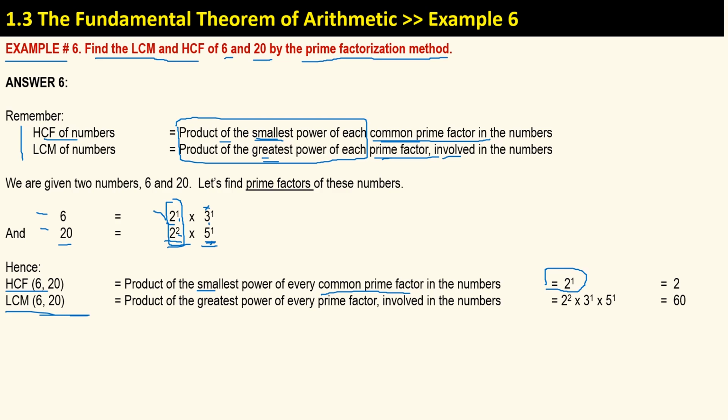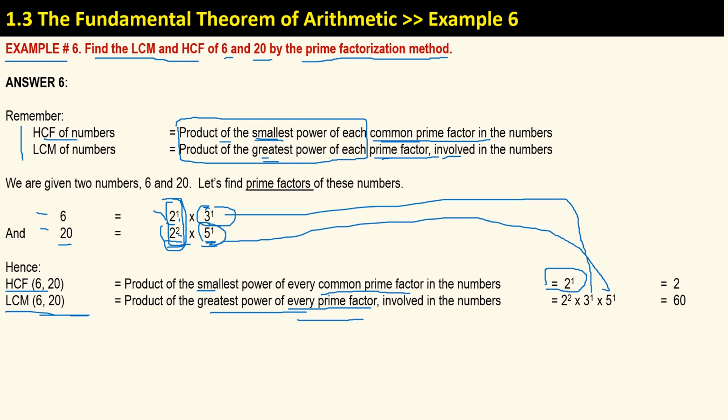LCM on the other hand is the greatest power of every prime factor. So we have prime factor 5 involved here, prime factor 3 involved here, and prime factor 2 involved here. So let's pick the greatest power of 5, we take it here, the greatest power of 3, we take it here, and out of these two, which is the greater power of 2? 2 raised to power 2.